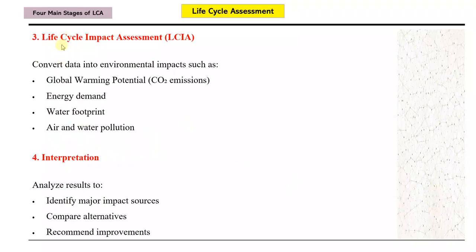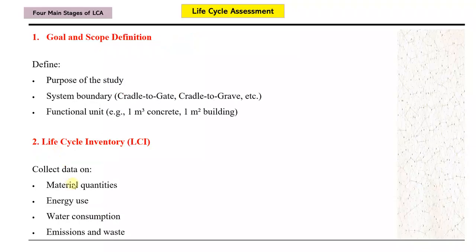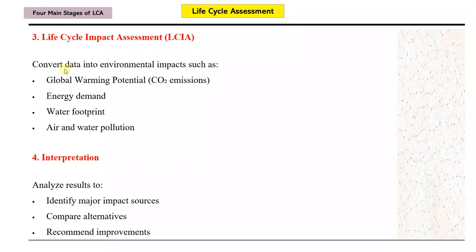Then we have the third one, life cycle impact assessment, LCIA. We have to collect data in the second process. Then in the third, we have to convert data into environmental impacts such as global warming potential, CO2 emissions, energy demand, water footprints, and air and water pollution.